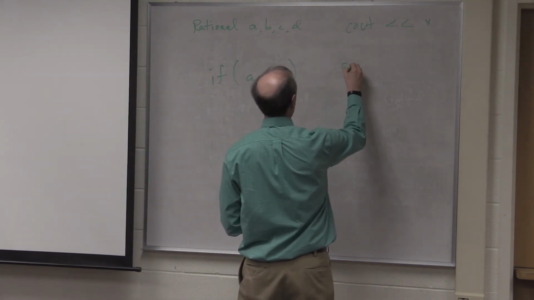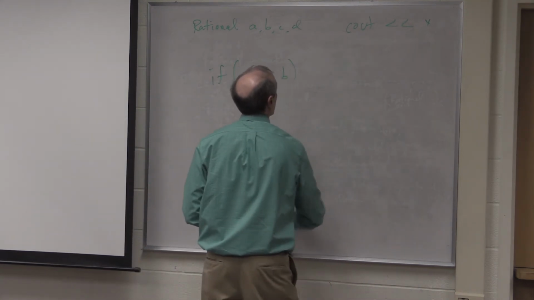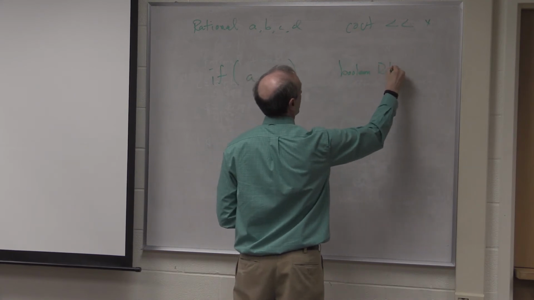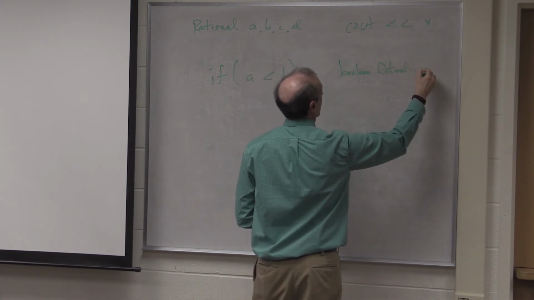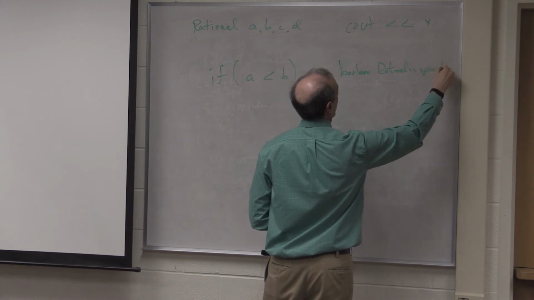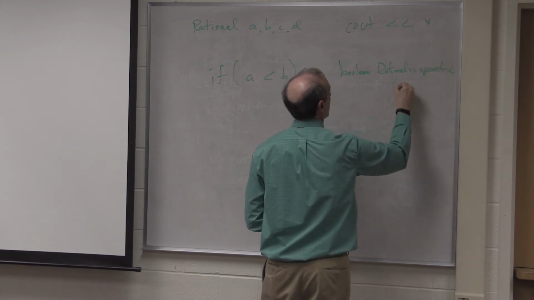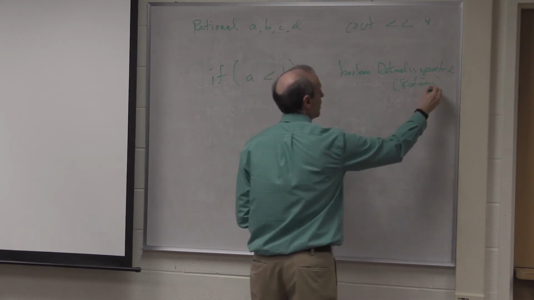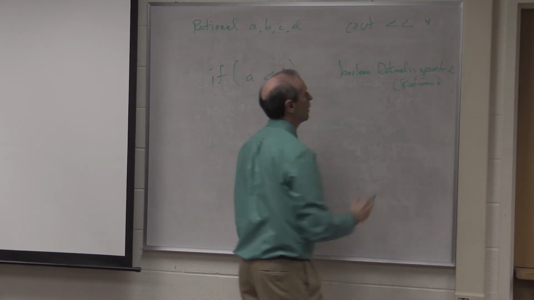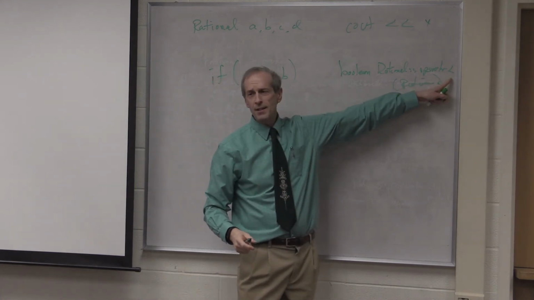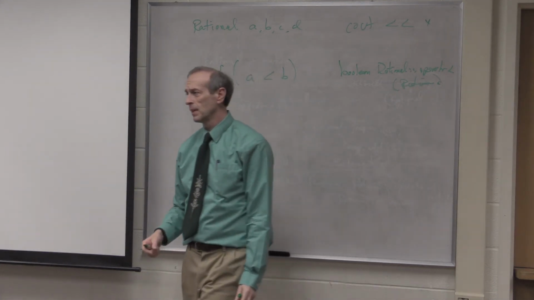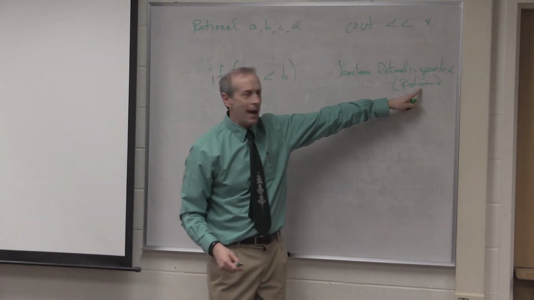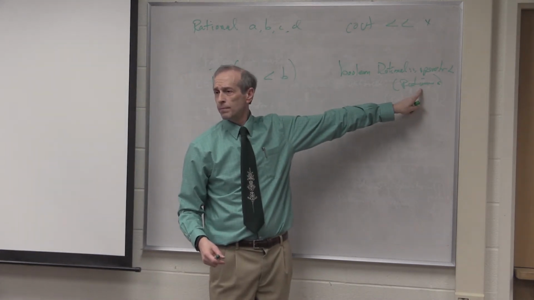So I would have Boolean rational operator less than rational. If I want to overload the less than sign, then it's operator less than. But it's binary because it takes two parameters. I need to pass one. Okay?